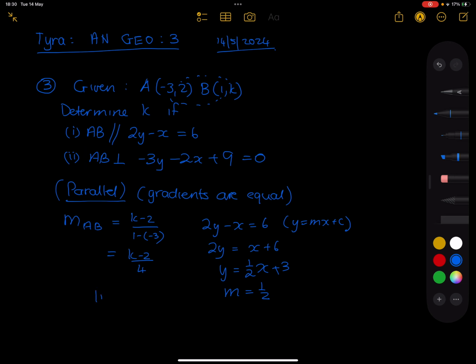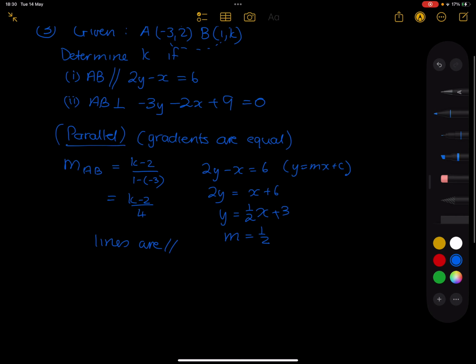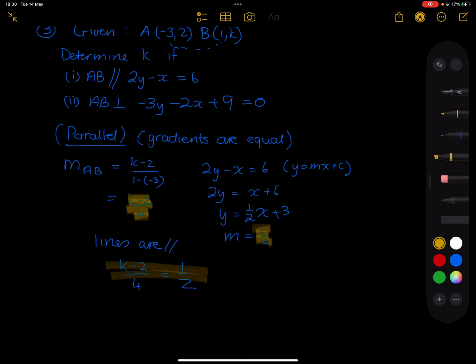So the lines are parallel, so that means that K minus 2 over 4 is equal to a half. Because I got it there and there. Do you see?